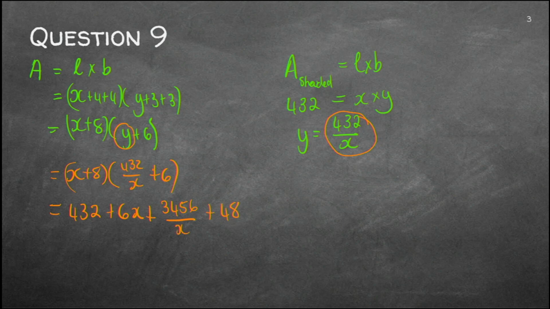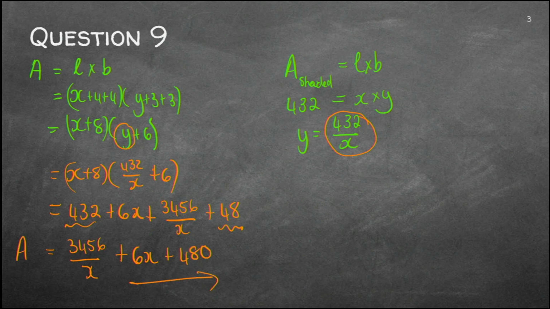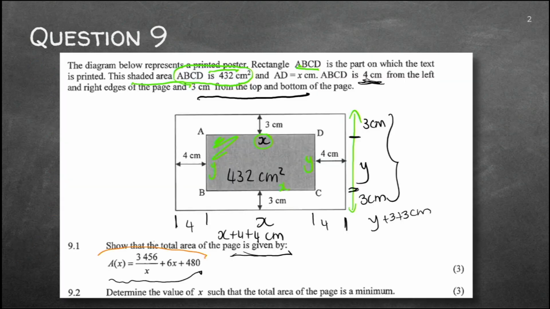Now I just need to simplify it. So 3,456 over x plus 6x, and we can add the constants, and we will get a value of 480. And very important, make sure it's exactly what they asked for. Let's quickly check. And yes, 100% correct.